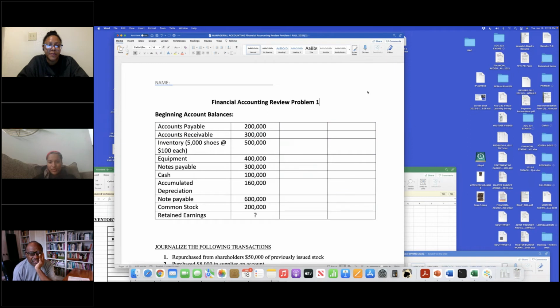Right. Can it be negative? If negative, you put the debit amounts here, you put the credit amounts over here. So all the debit amounts here, all the credit amounts here, and the difference is retained earnings.